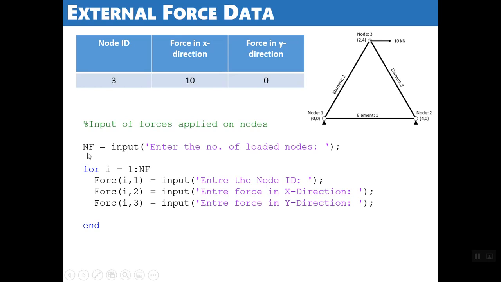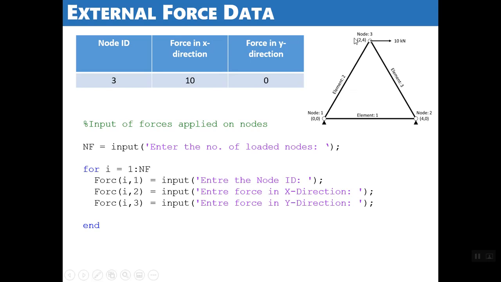Corresponding to the number of nodes, we have created FORC named two-dimensional array, in which first column will contain the node ID where the force is acting. In second column, the value of force in x direction. In third column, value of force in y direction.